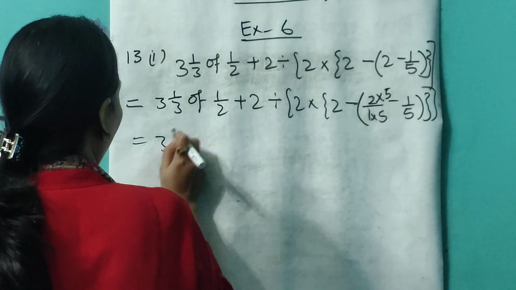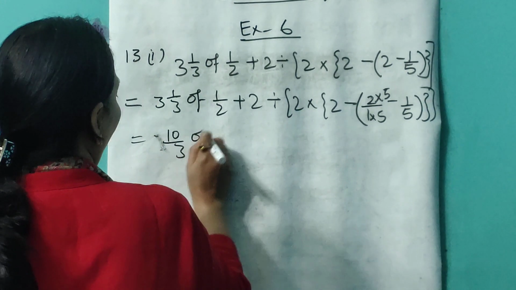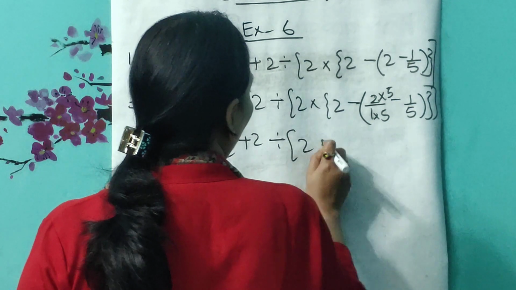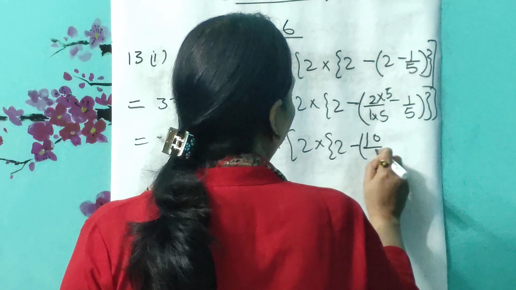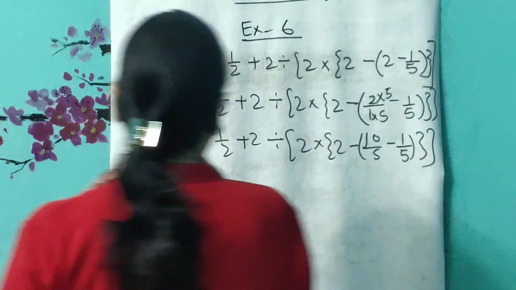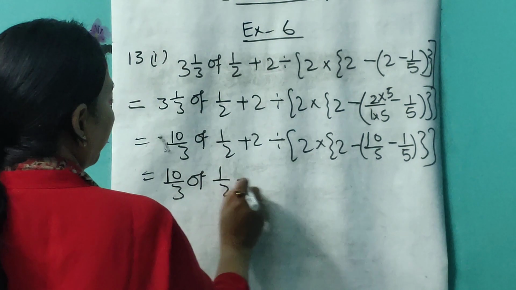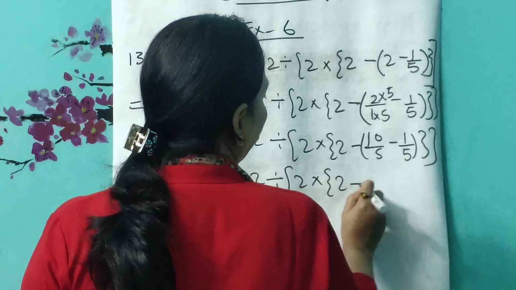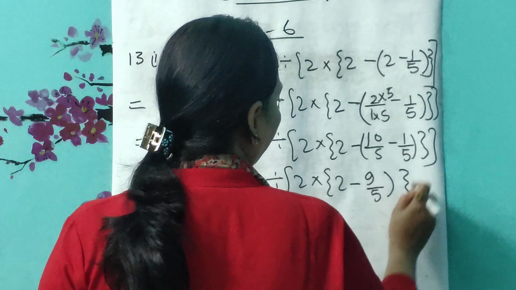Then 3 whole 1 by 3, here we can write it 10 by 3 of 1 by 2 plus 2 divided by 2 into 2 minus 5 2s are 10. 10 by 5 minus 1 by 5. 10 by 3 of 1 by 2 plus 2 divided by 2 into 2 minus 10 minus 1, 9 by 5.